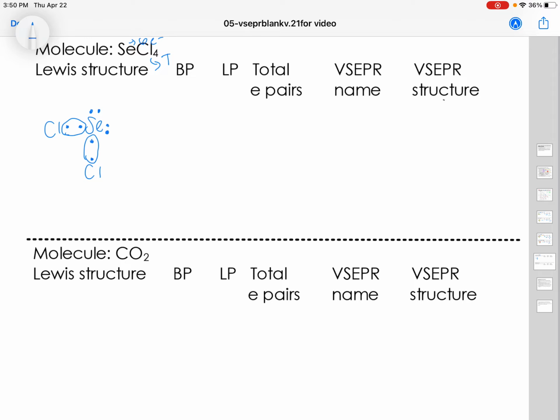So when you have SeCl4, that means that selenium is going to break apart this lone pair and start to bond. So when you do something like this in a sketching kind of way, then you can quickly just start to fill it in with the already paired up electrons.